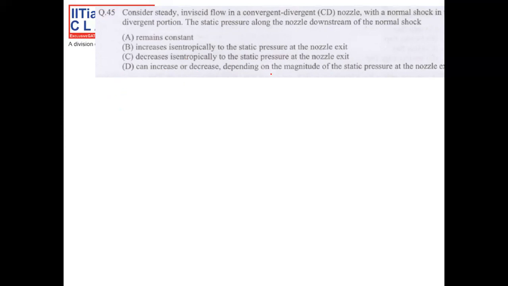So to draw the schematic of the CD nozzle, it is like this.